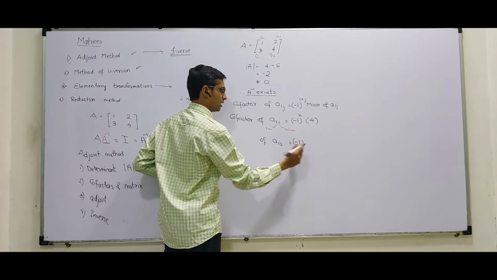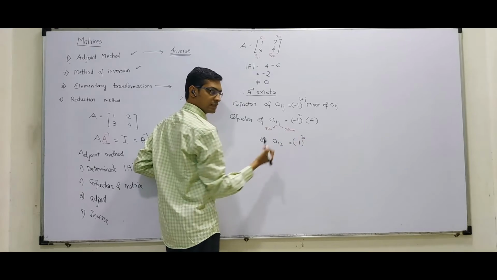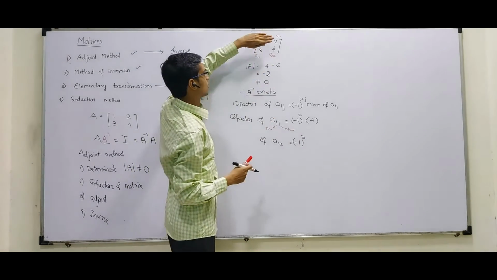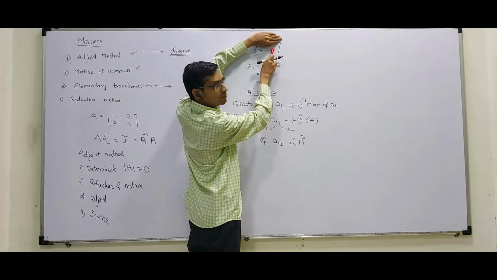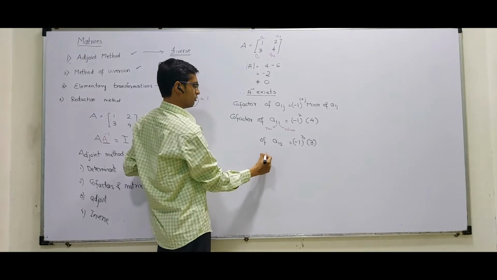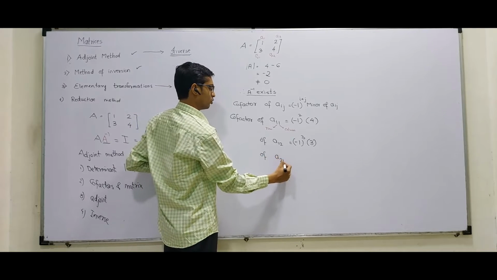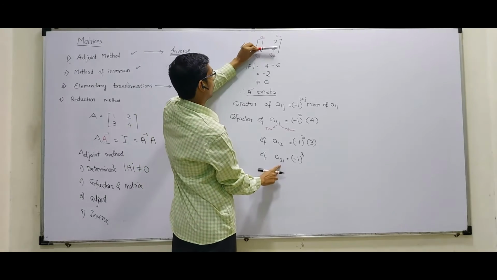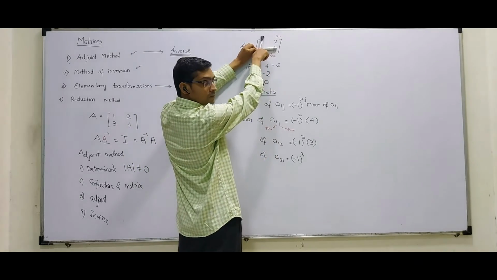So -1, 1 + 2 कितना आएगा? 3. First row, second column. So first row, second column, 3. So I'll write 3. Then cofactor of A21 क्या आएगा? -1 cube, second row, first column, 2.